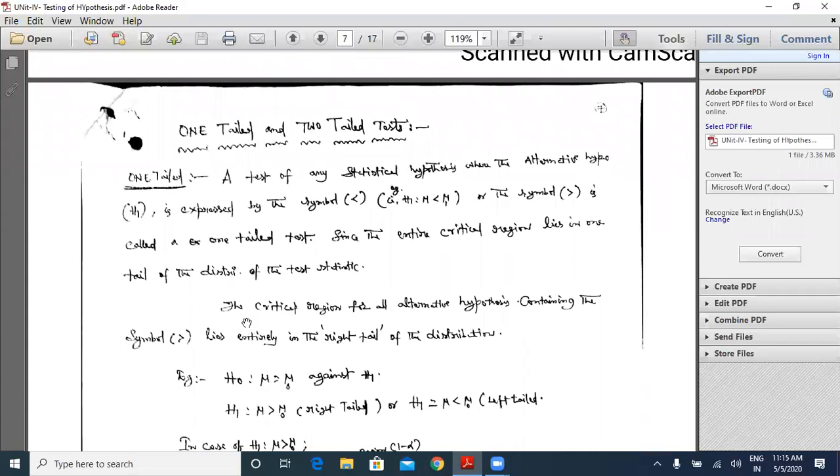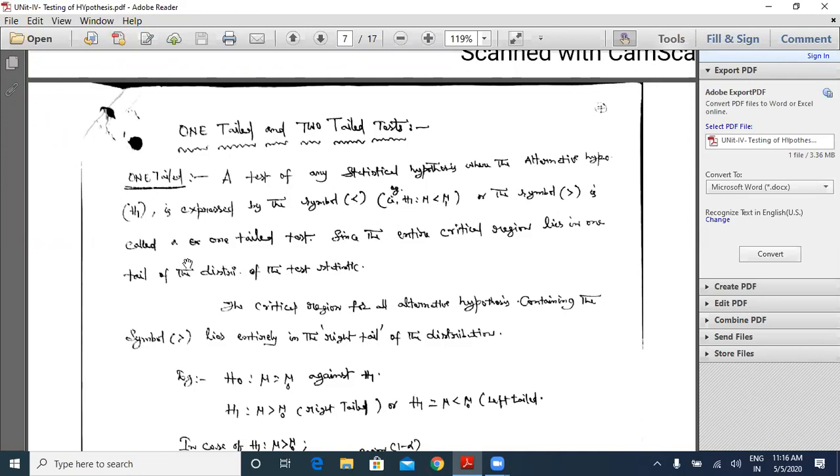Now we come to the one-tailed and two-tailed test. A one-tailed test of any statistical hypothesis is one where the alternative hypothesis H1 is expressed by the symbol less than or greater than. There are two types of hypothesis, H0 and H1. In case of H1, you write H1: mu is less than mu1, say, or H1: mu is greater than mu1, say.